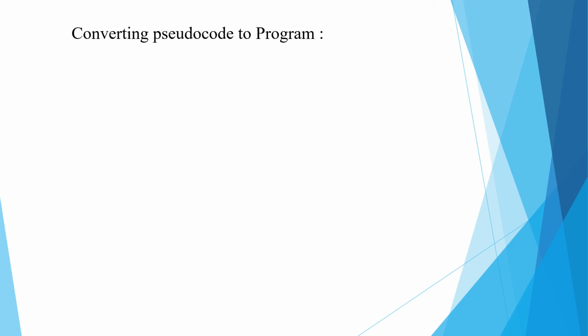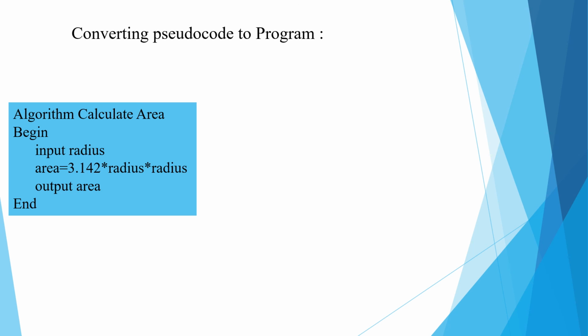So look at the following example, which shows how pseudocode for calculating the area of a circle is converted to a C program. Now, this is your pseudocode: algorithm calculate area, begin, input radius, area is equal to 3.14 into radius, then output area and end.